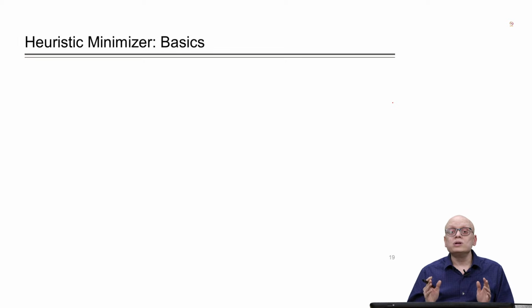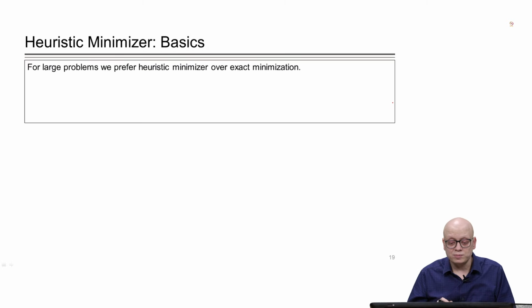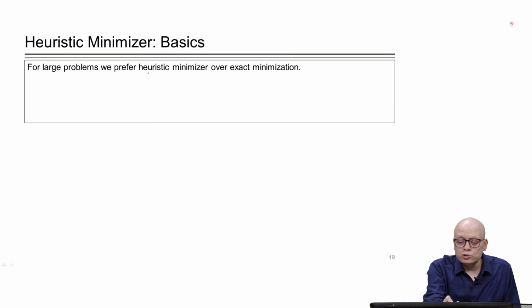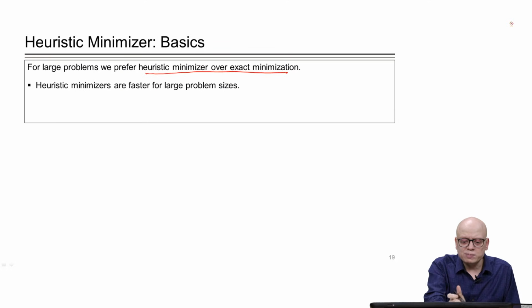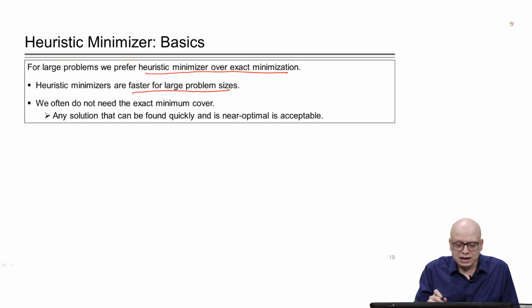What we try to do is take help of a heuristic minimizer. And what is a heuristic minimizer? For large problems we prefer a heuristic minimizer over exact minimization, and heuristic minimizers are faster for large problem sizes, and we often do not need the exact minimum cover.